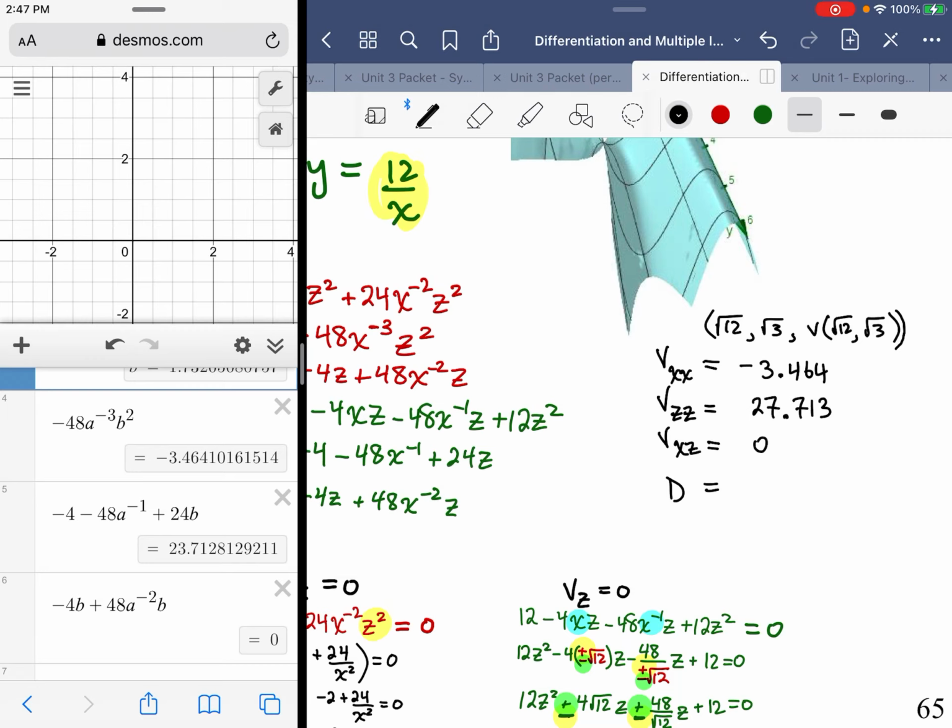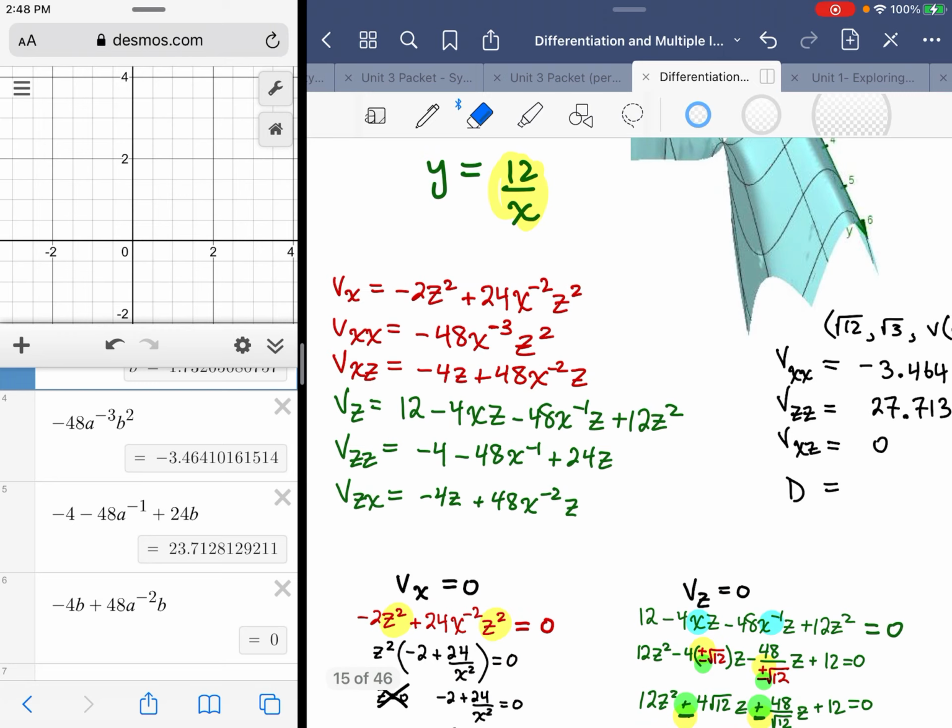So XX times ZZ minus XZ squared is going to be a negative result, barring any catastrophic computational errors. Just double checking.